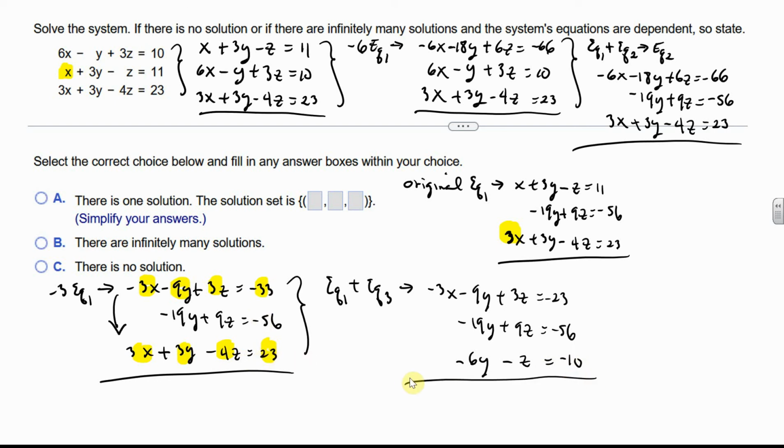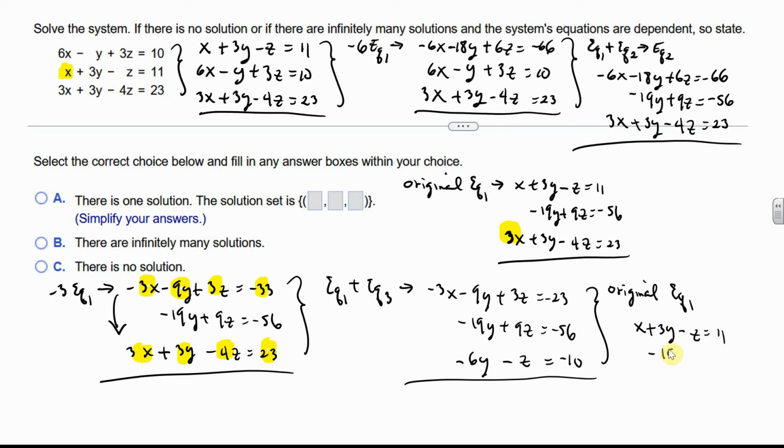All right. So now I'm going to put the original equation 1 back. I only did the multiplication just to be able to cancel. So that's x plus 3y minus z is equal to 11.